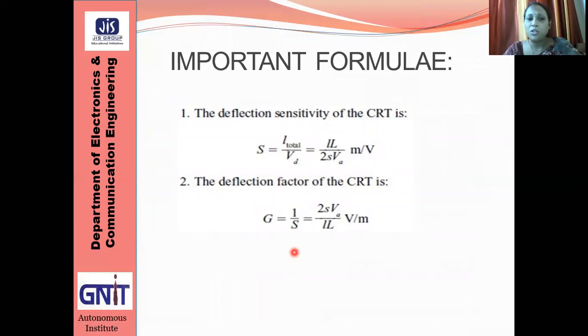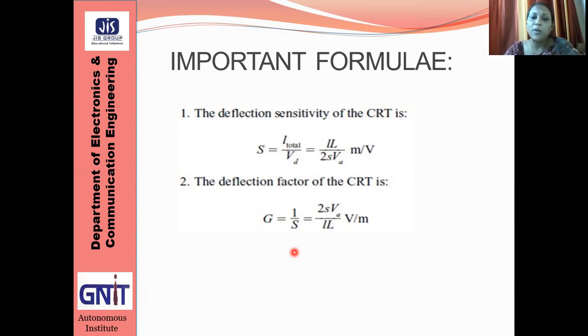Now, one more important formula, that is deflection sensitivity of a CRT. So, what is deflection sensitivity? That is the total deflection divided by the deflection voltage. The unit of deflection sensitivity is meter per volt.